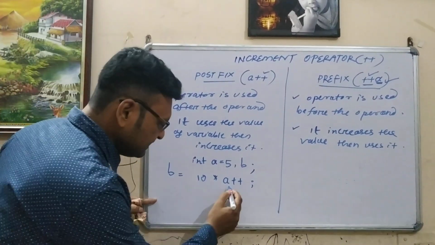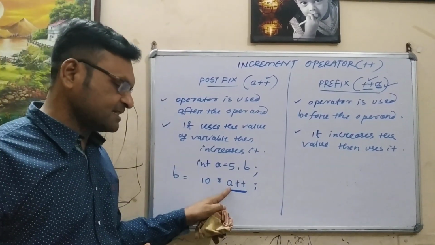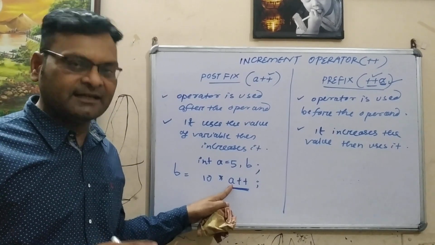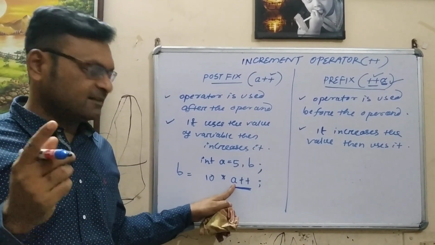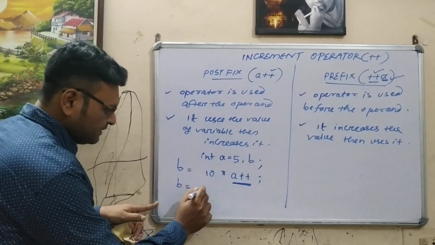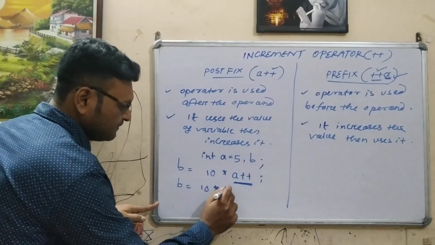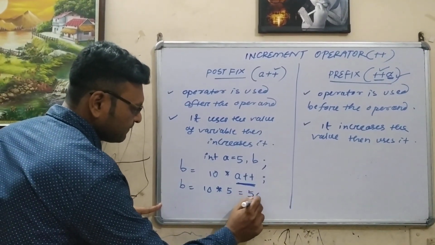Children, you can see this one is our postfix. Postfix means first it will use the value of a, then it will increase the value of a. Then b = 10 * value of a, that is 5, so it is 50.